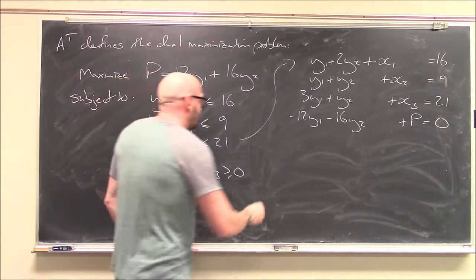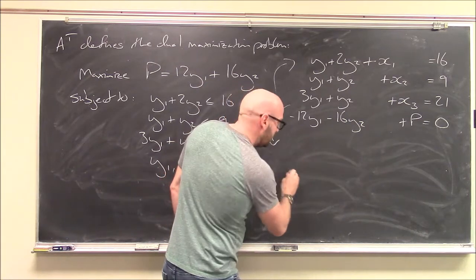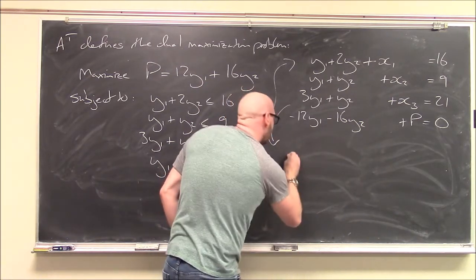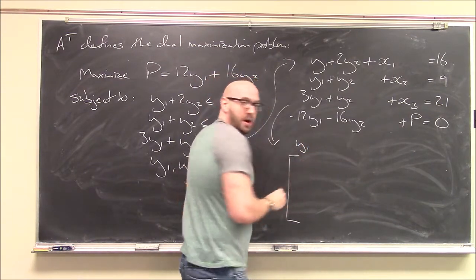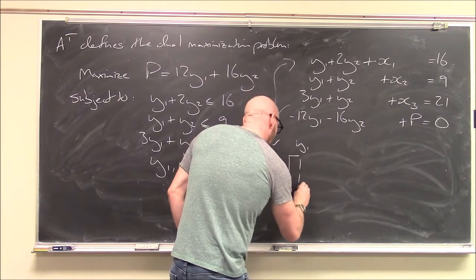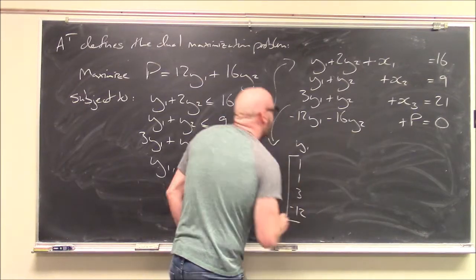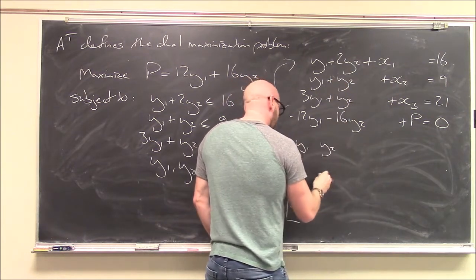Alright, so here's my initial simplex tableau. Looks pretty big. Alright, first column will be y1, coefficients of y1: 1, 1, 3, minus 12. Next we've got y2: 2, 1, 1, minus 16.